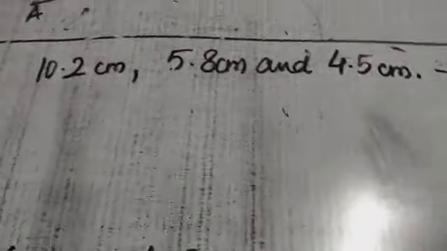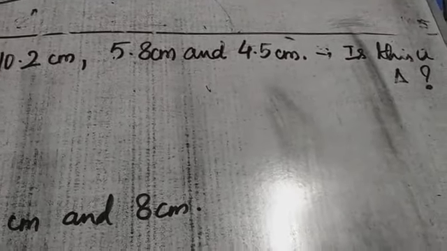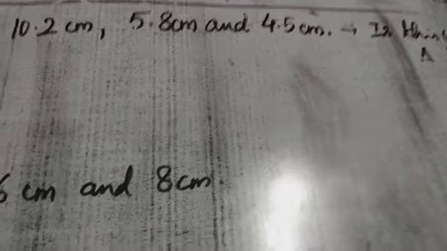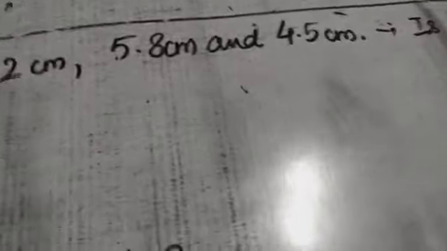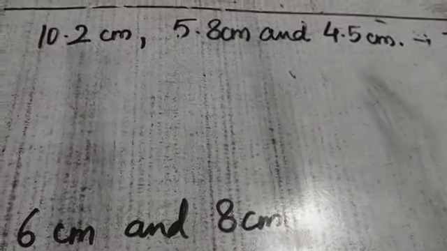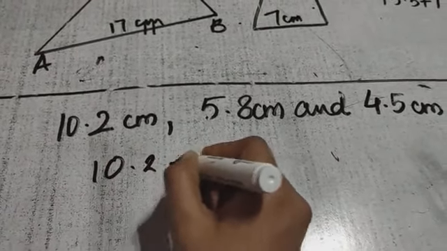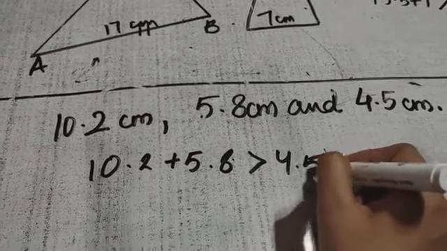Okay. So as you can see, we are given three lengths: 10.2, 5.8 and 4.5. And we are asked, is this a triangle? So what we need to prove is that the sum of any two sides is greater than the third side, in all conditions, meaning we'll have to prove these three conditions. 10.2 plus 5.8 is greater than 4.5, right?